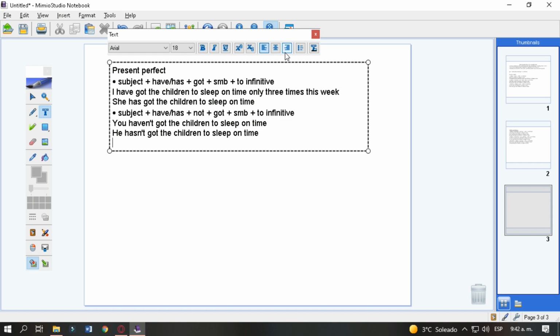If we need to make a question, we are going to use have or has, or a WH word if we want to ask something specific, plus the subject plus got. In this case the verb still remains in its past participle because it is a perfect tense. Then somebody plus the verb in the infinitive.